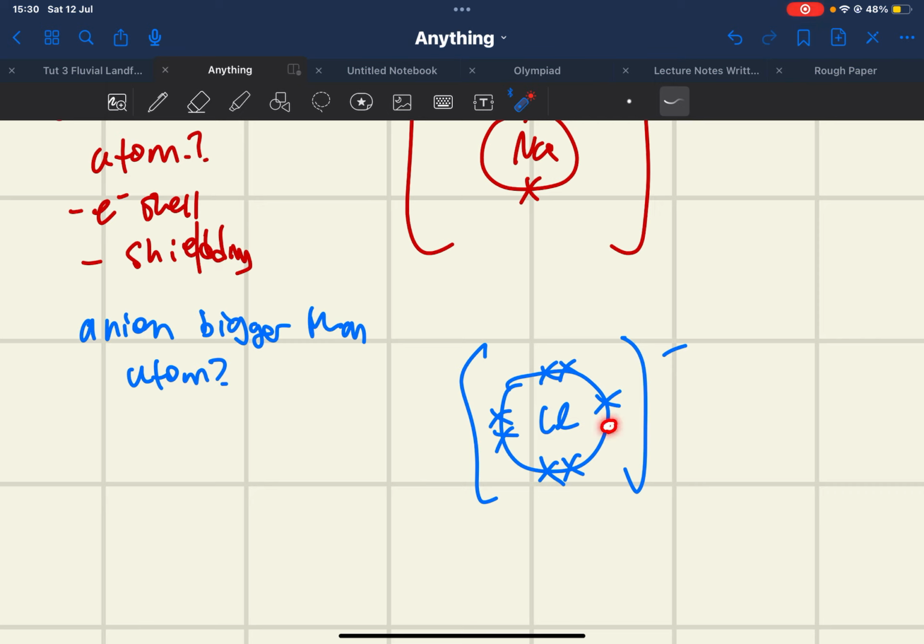Because this electron is negative, and the nucleus is positive. The nucleus is always positive because it contains protons and neutrons. Neutrons are neutral, so they have no charge. A proton has 1 positive charge, so the nucleus is positive. With this extra electron, it will repel such that the electron shell will grow. So instead of being this size, it will become maybe this size, slightly bigger, because it will repel.